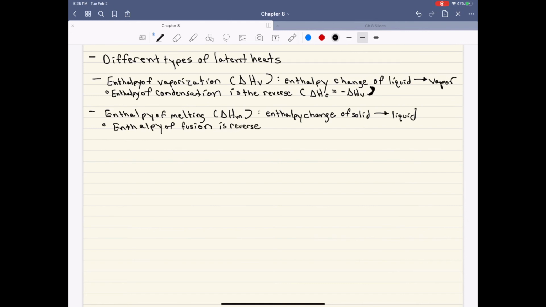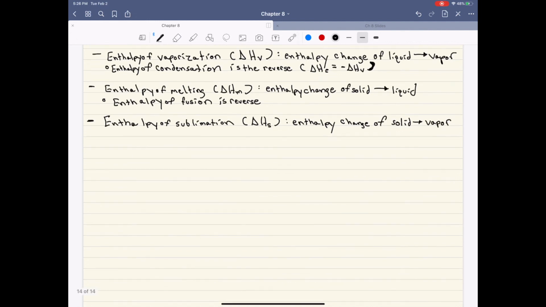Okay. And so not only can we go from solids to liquids, but we could also even go from solids directly to the vapor, right? And so this phase change is known as sublimation. So the enthalpy of sublimation, so delta H S, enthalpy change of solid to vapor. Okay.